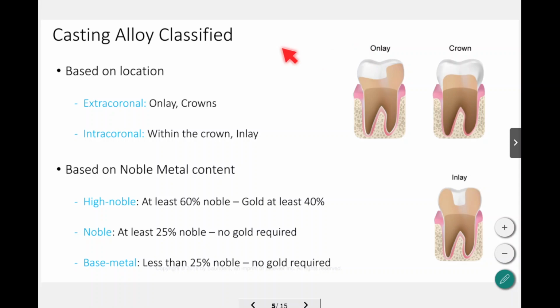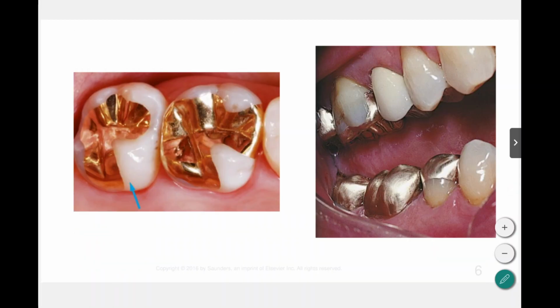On top. Inside. Only covers a wall. Yeah, in a way, usually we call it an onlay when it replaces a cusp. If a cusp is replaced, it's an onlay, even if it's one cusp.